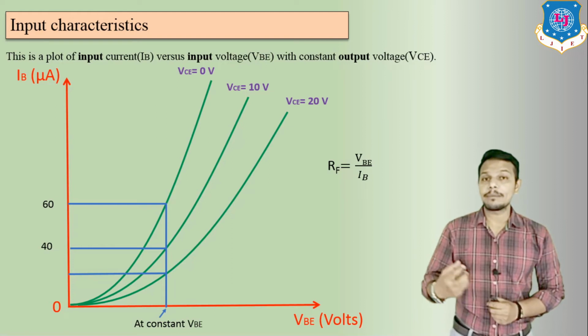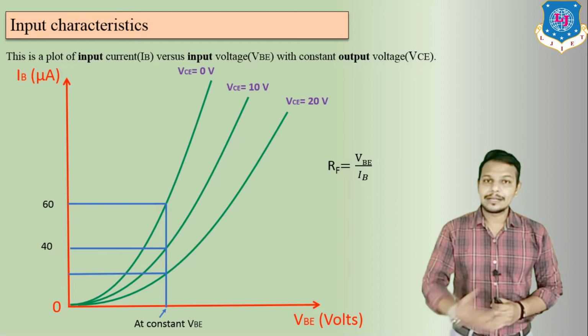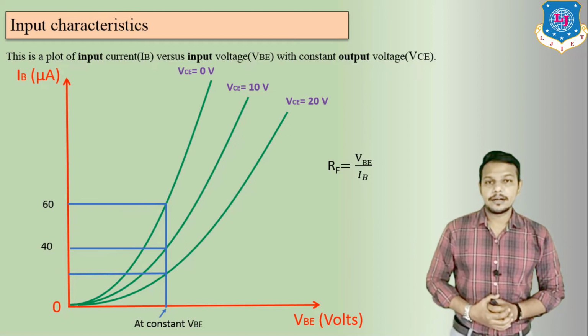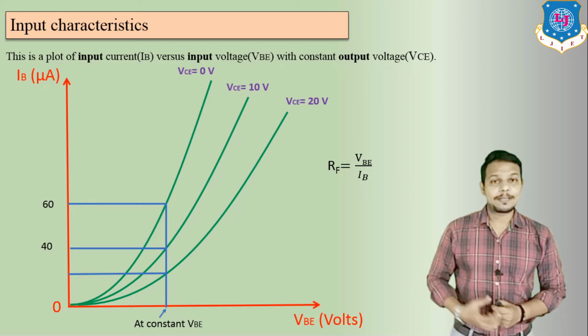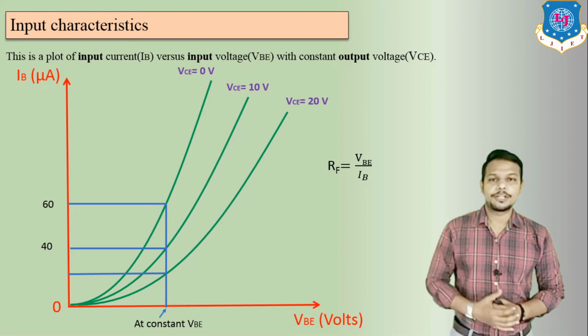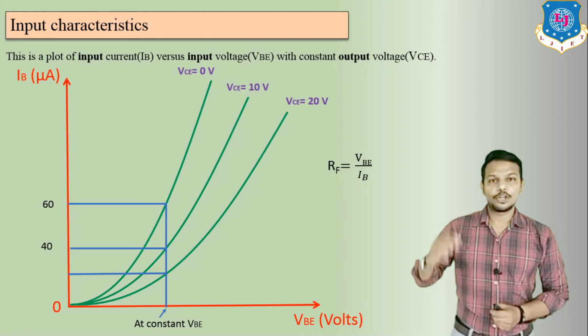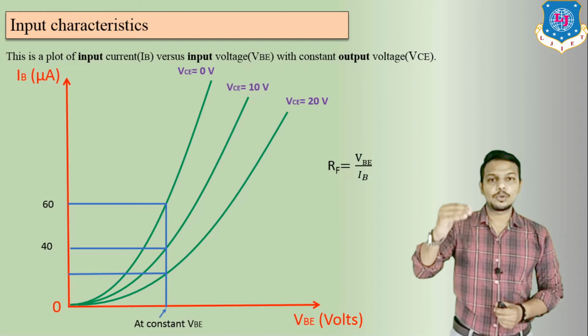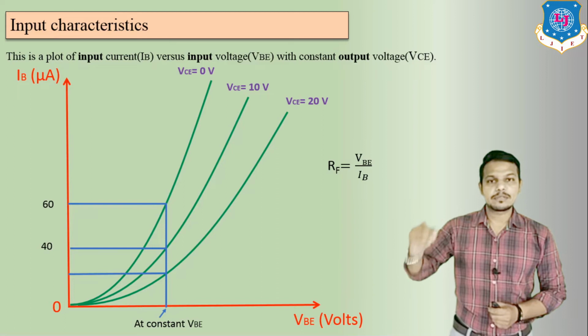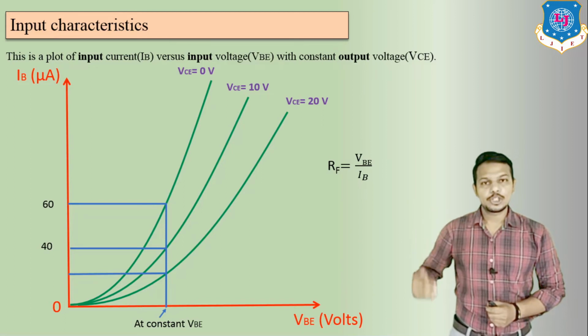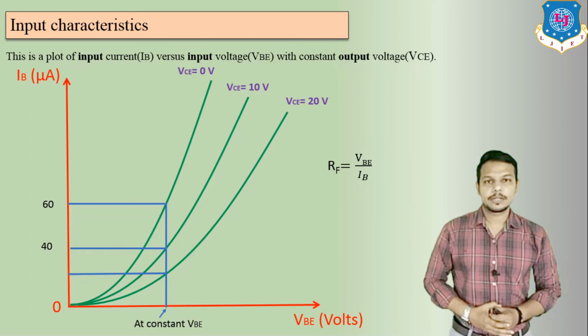That's why the effective base region width decreases, and the recombination process decreases. If the recombination decreases, your base current IB is also reduced. That's why for VCE equal to 0, 10, 20, your IB goes from 60 microampere to 20 microampere. So this is the input characteristics of CE configuration.